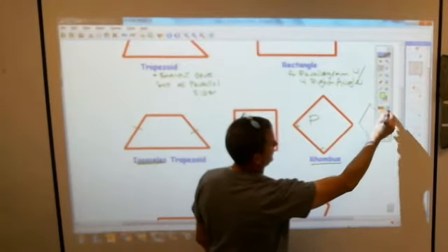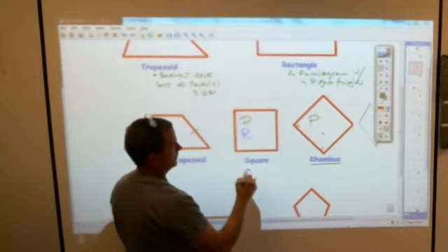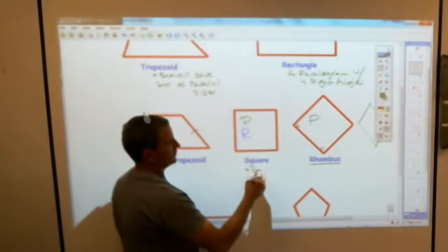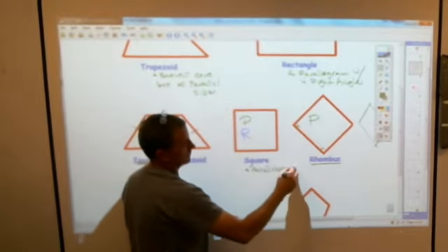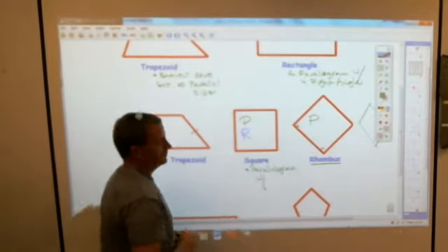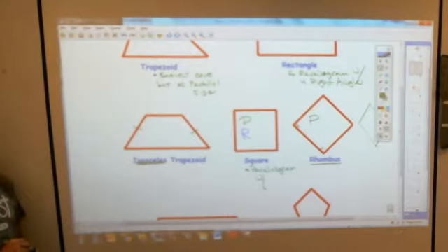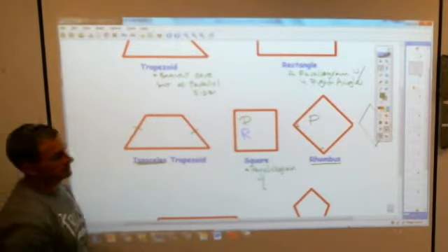What's the exact definition of a square? By the way, it's a parallelogram, so we start with that. We only got 5 minutes left. Connor?